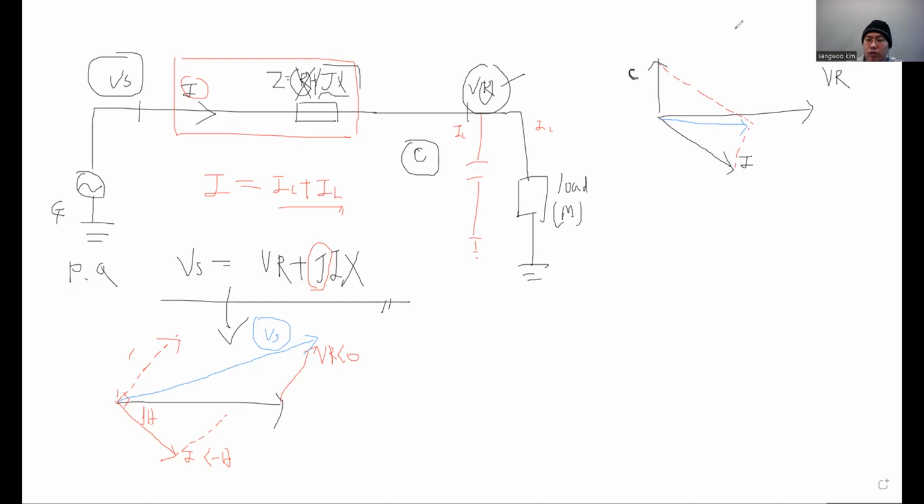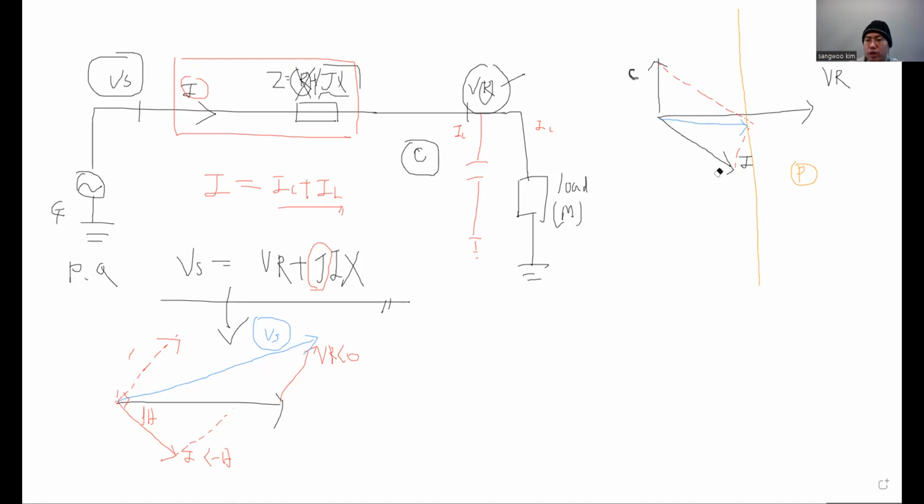Look at that here. First of all, we must make this a straight line. It looks like not straight, but it has to be straight because we want to keep the P, active power, the same. We only want to know about the reactive power, you know what I mean?